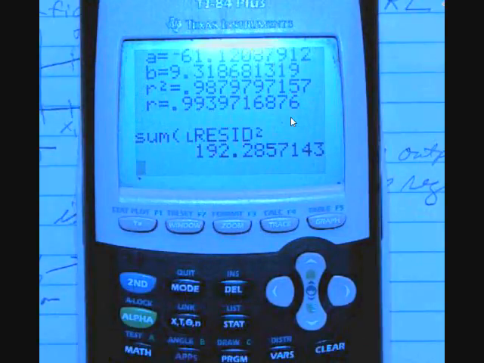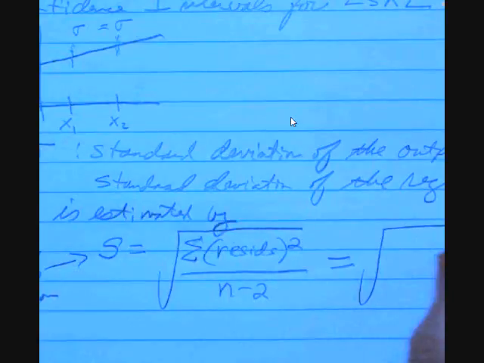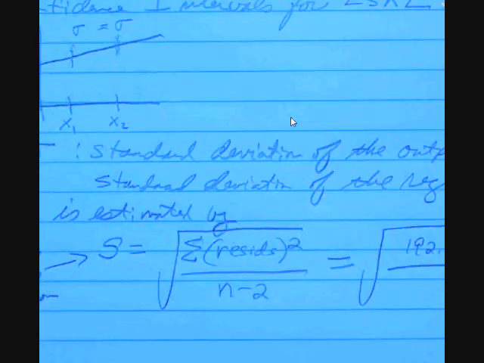Okay. So let me fill this into my little formula. This is the square root of, we got 192.3 essentially, divided by n minus 2. N is the number of pairs of data that we have. Can you take a look at your lists and tell me how many pairs of data we got?